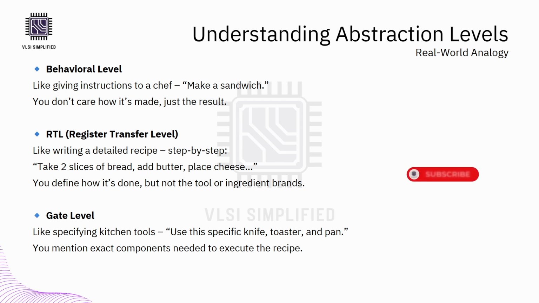This mirrors how RTL defines what data flows where and when. At the gate level, you take control of the exact implementation. You are specifying what exact kitchen tools to use, much like how gate level code specifies which exact logic gates will perform operations. This analogy helps in grasping the increasing level of detail and control as we move down the abstraction ladder.